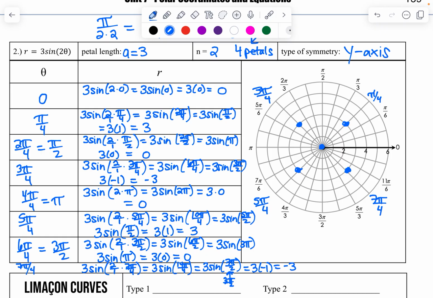So like we're back at 0 by pi over 2. So I know how wide to make each of my petals, and by pi I've got to be back at 0 here, and by 3 pi over 2.